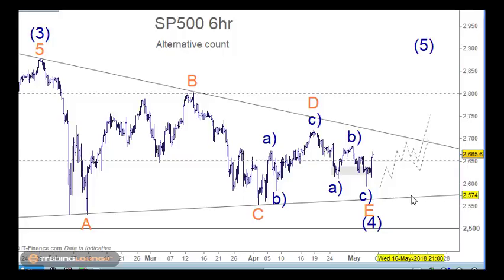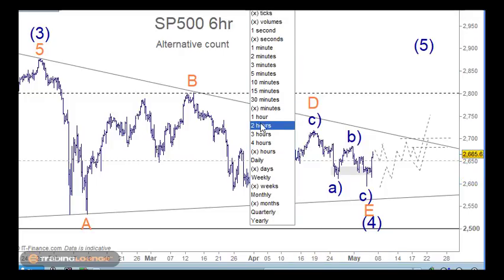But either way, we want that first wave to finish here, because if we get 5 waves to the upside and then this corrective pattern, then we know that we'll go further up. So we can basically go long here, and then also go long here. But there's no point in going long right here, unless you're scalping, because you'll just get trapped in this space here.